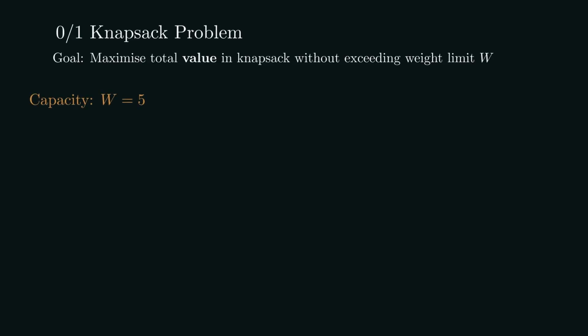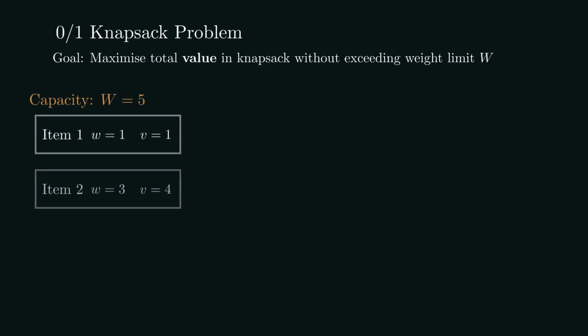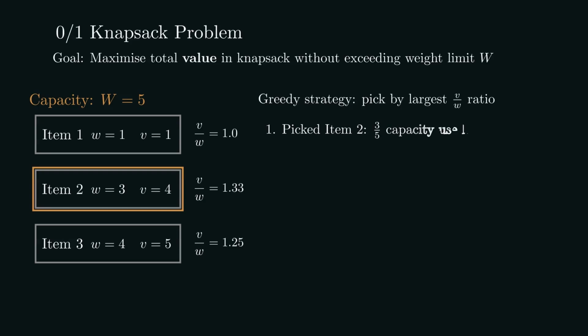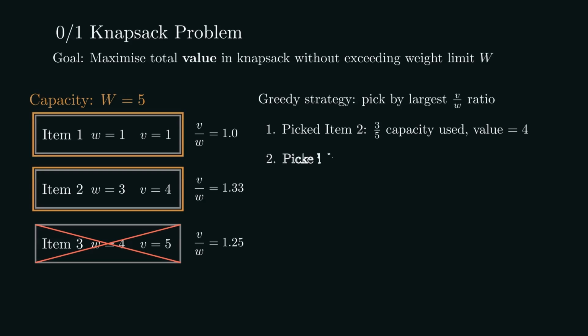But let's look at an example where this isn't the case. In this problem, we want to maximize the total value of items in a knapsack without going over the weight capacity. Each item has an associated weight and value, and our greedy algorithm chooses the next item by the largest V over W ratio. We start by choosing item 2 since it has the largest ratio, but we can't choose item 3 since it would make us go over the weight limit, so instead our only option is item 1.